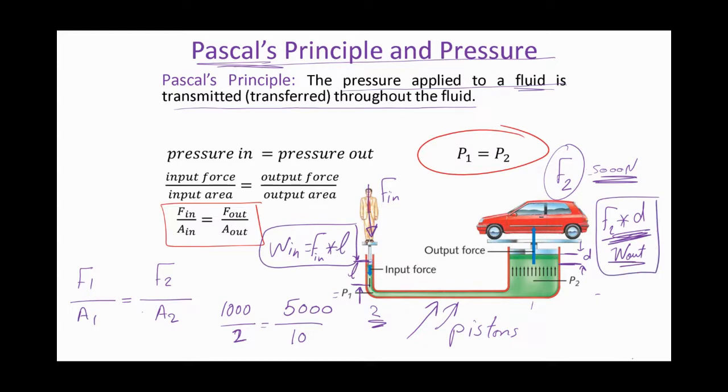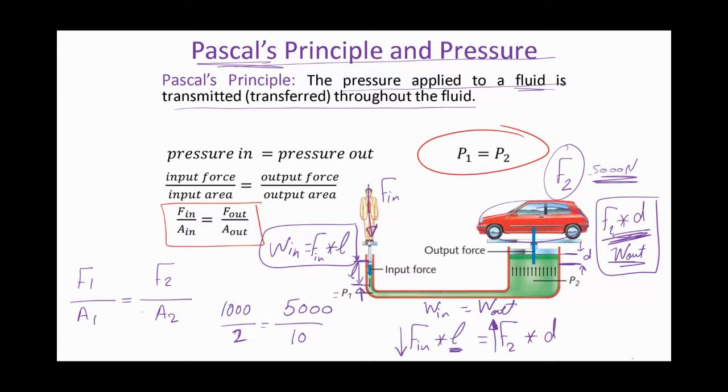So this work cannot increase. What's the best scenario here? If this machine is a perfect machine, if it is an ideal machine, the input work equals the output work. This is the best scenario if there is no loss. And that means the input force times the distance L, if you move down a distance L, equals the weight of this car, which is the force F2, times distance D. The input force is small, while the output force is way bigger.